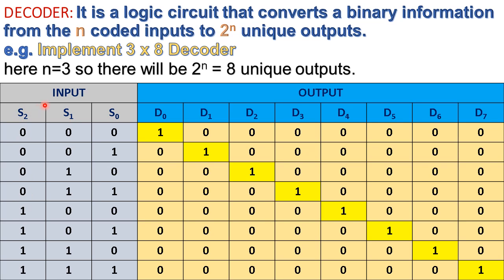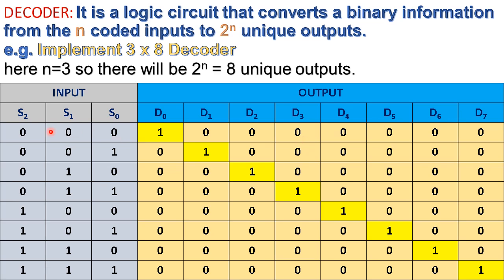Here you can see for input we need 3 bits, S0, S1 and S2. For output we need 8 unique columns, D0 till D7.